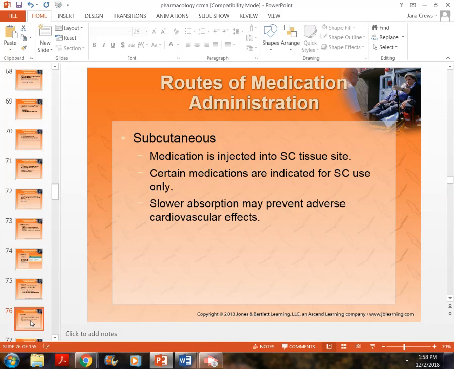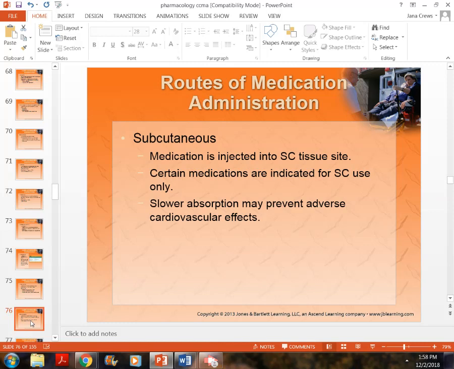Sometimes doctors, if you're giving an allergy shot for someone who is getting graduated allergy treatment, sometimes you'll give that sub-Q, depending on the physician. Some do IM, some do sub-Q. And so you give that medication sub-Q because it absorbs over a slower period of time. It helps prevent reaction.